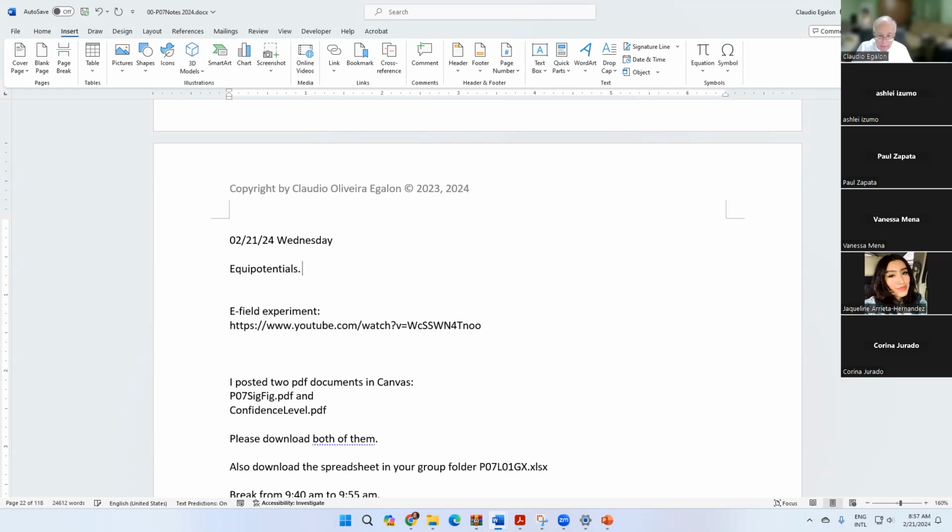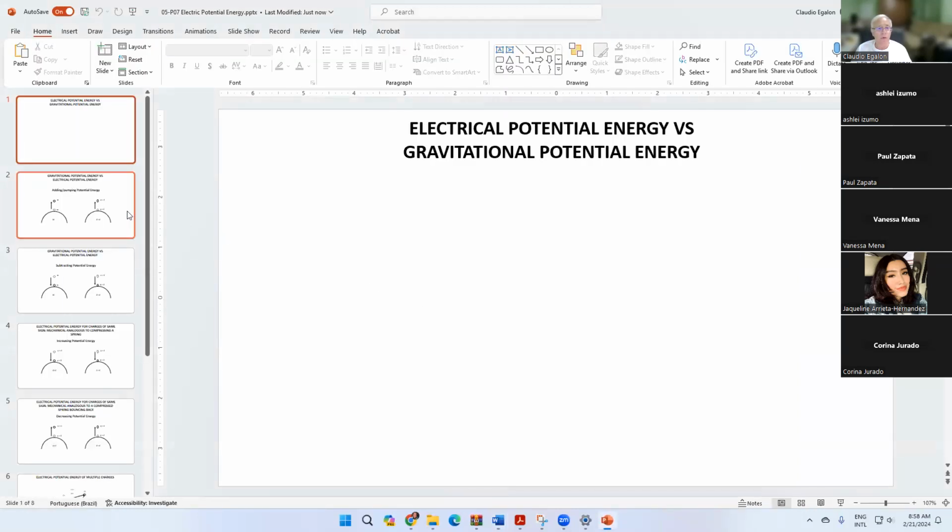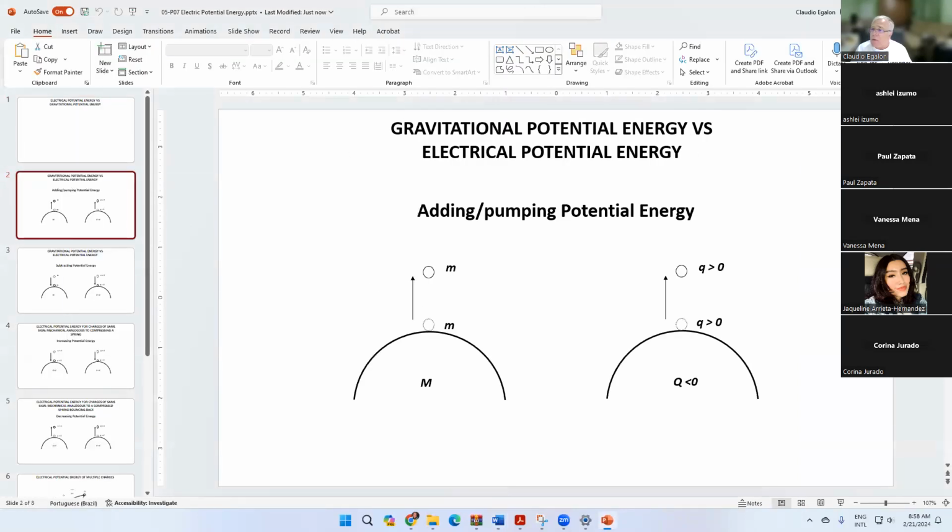And this idea of equipotentials is used in the so-called experiment that we are doing. Let me give you an illustration of how equipotentials go. And one more thing.